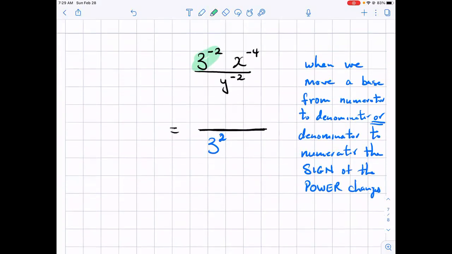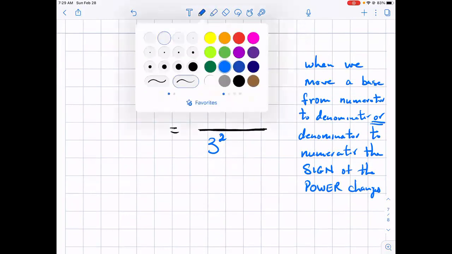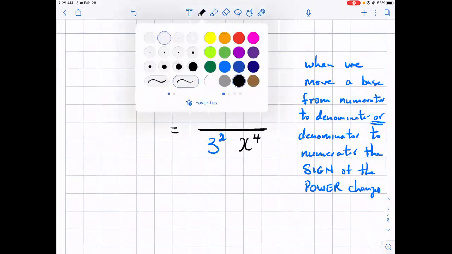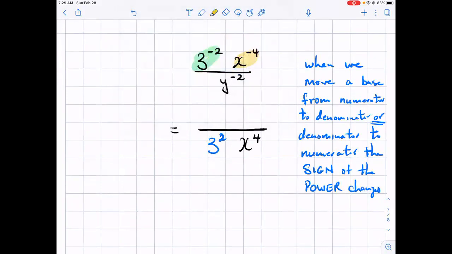So right now, if you notice here, the x has a negative power and it's in the numerator. So if I bring it to the denominator, the sign becomes positive. If you look at the y, the y has a negative power, so we have to move it.